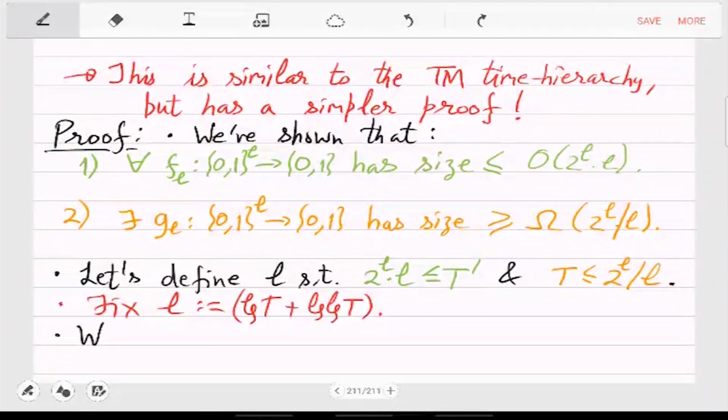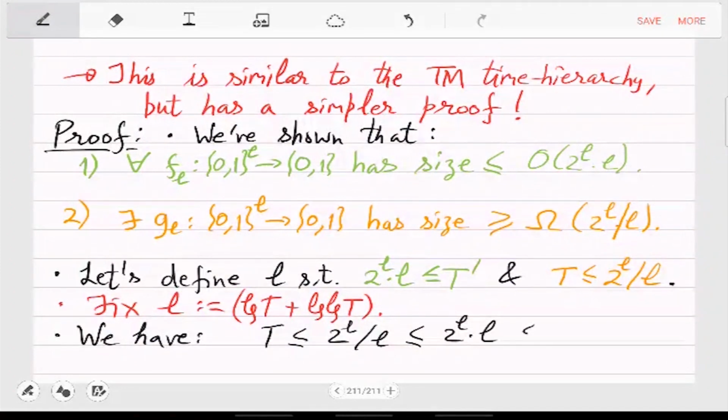that we have T less than equal to 2 raised to L by L, less than equal to 2 raised to L times L, less than equal to T prime.